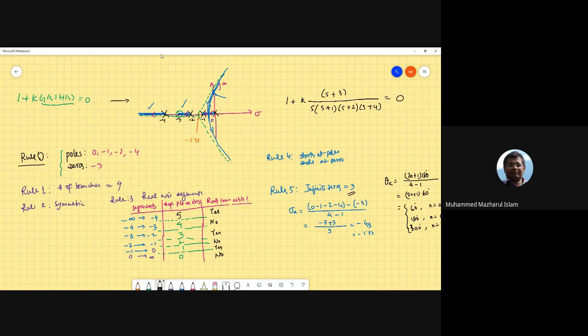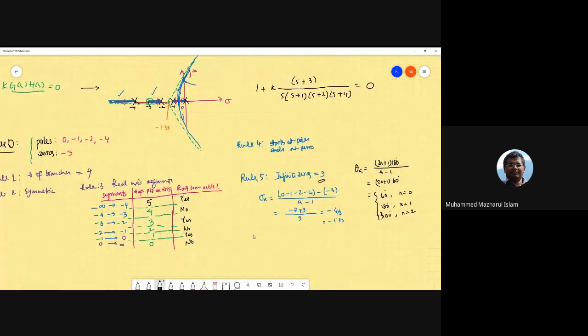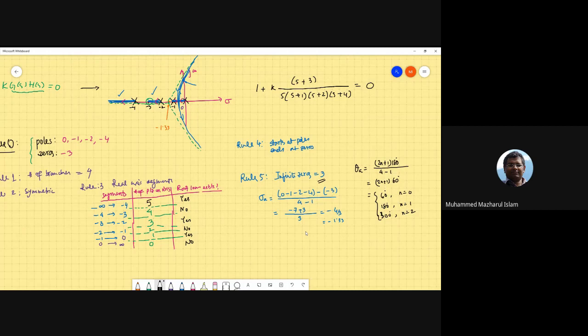Rule number 5 calculates the real axis intercepts of the asymptotes and the angle. The intercept point is always a single point. The angle will be different. So the angles, as I said in my last class, calculate only the number of angles required to cover for the absence of zeros or poles.